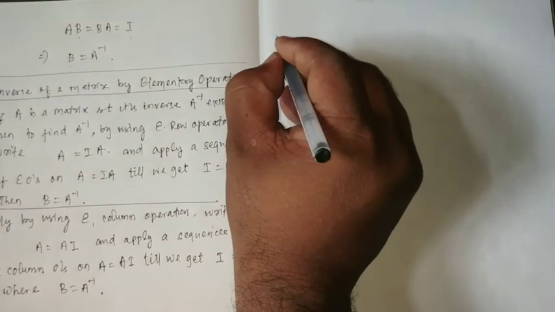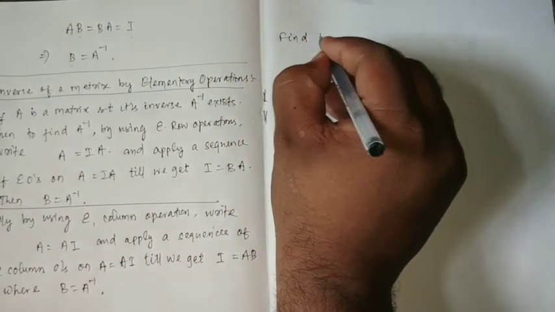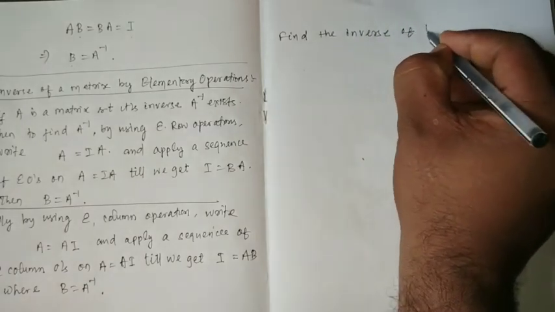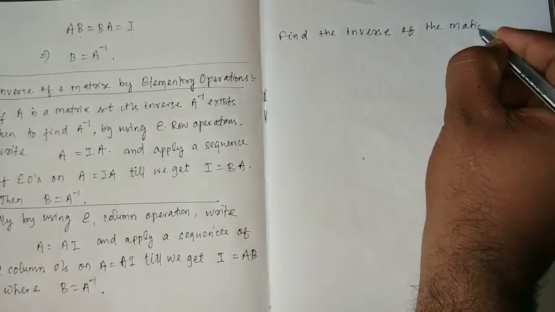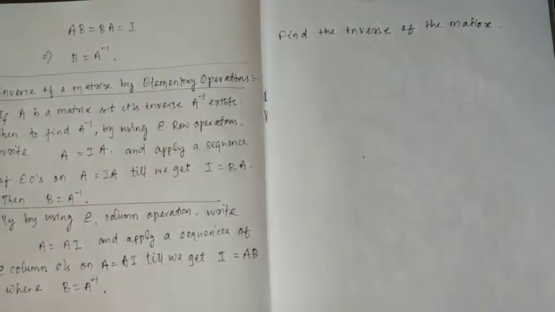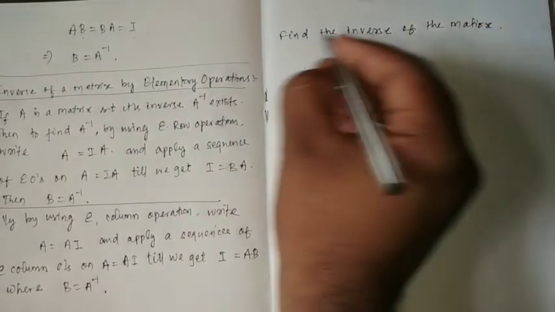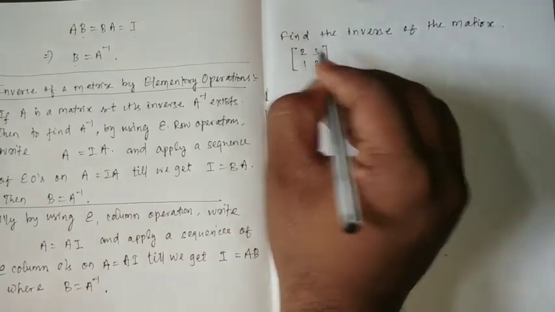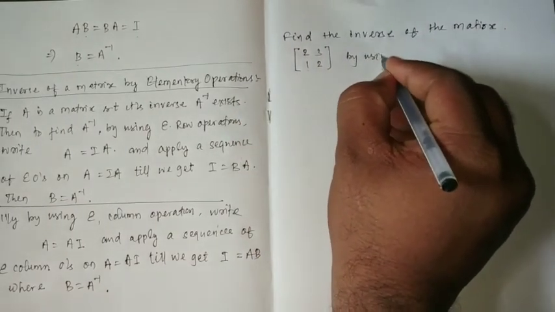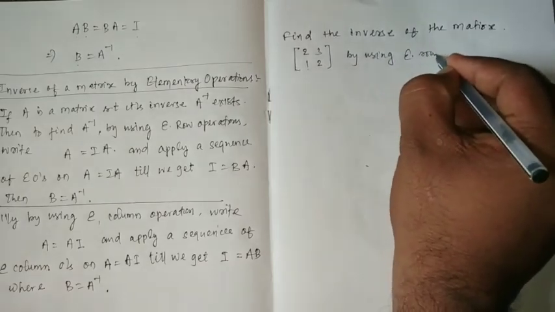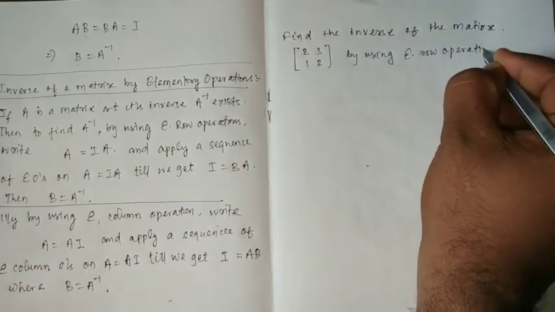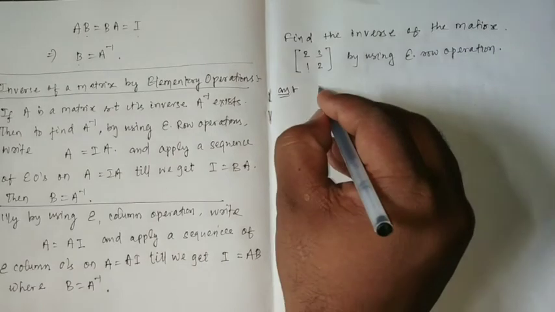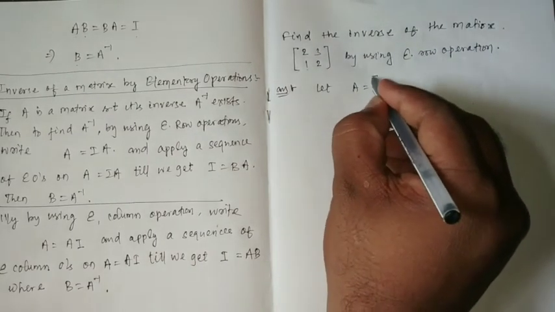Find the inverse of the matrix 2 3 1 2 by using elementary row operations. Let A be this matrix.